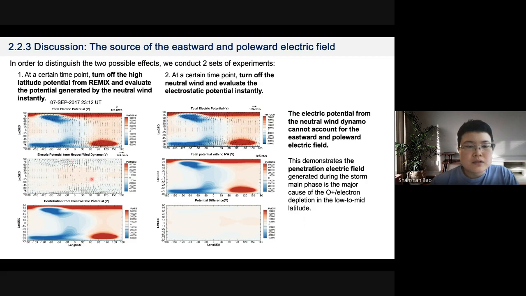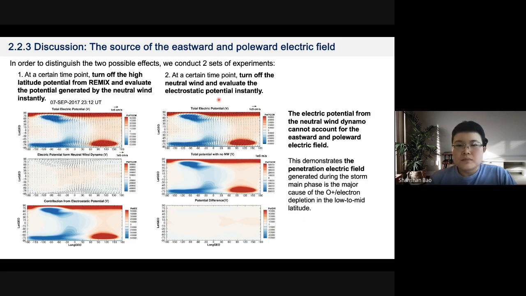But the TIEGCM potential is almost zero. The bottom panel is the difference when we turn off the high latitude potential input, so there is an obvious difference between the two.